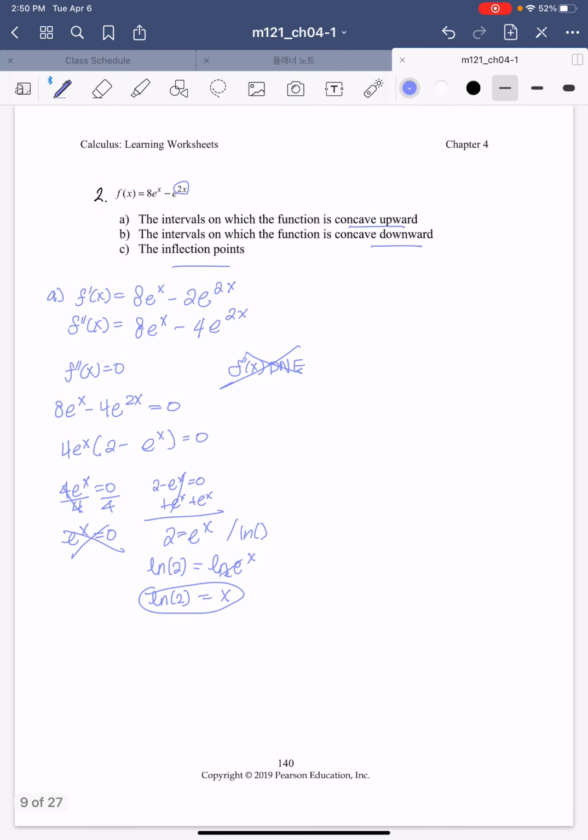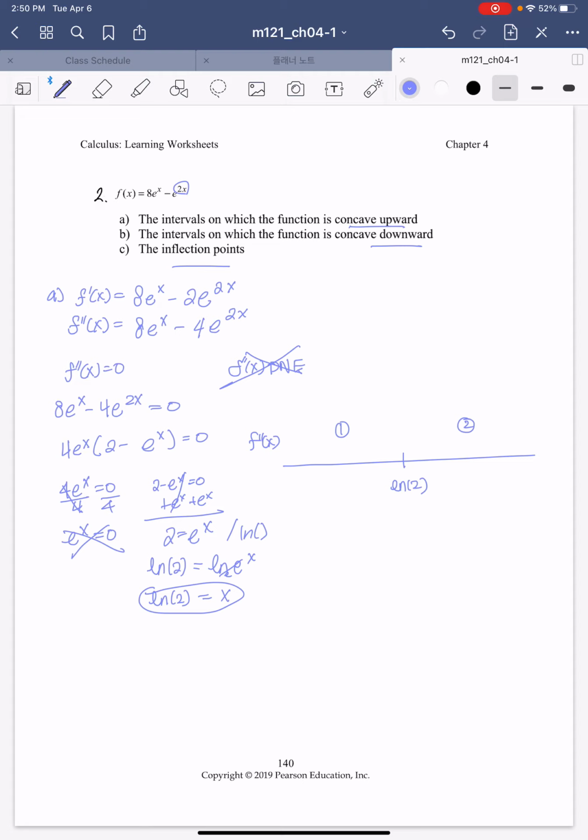So let's set up ln 2, and this is the second derivative. We have region 1, region 2. Now, I'm just going to change ln 2 into a decimal to get a sense of what the number is.